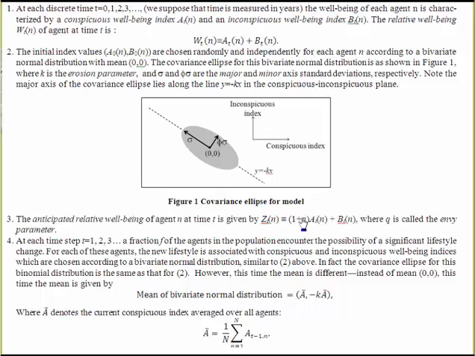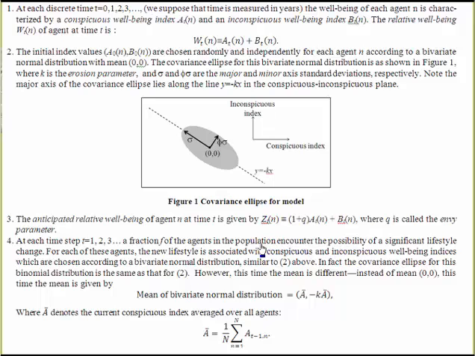So you see that the conspicuous factors are weighted more heavily because of this envy parameter. Now, at each time step in the model, a certain fraction of the agents encounter the possibility of a significant lifestyle change. So they're going to make a choice which they will either accept or reject.